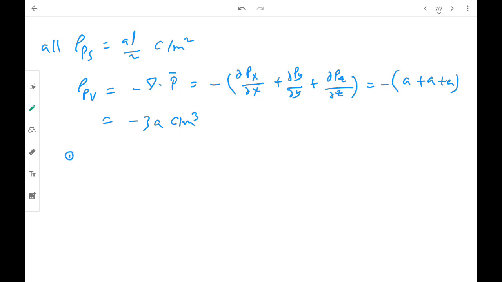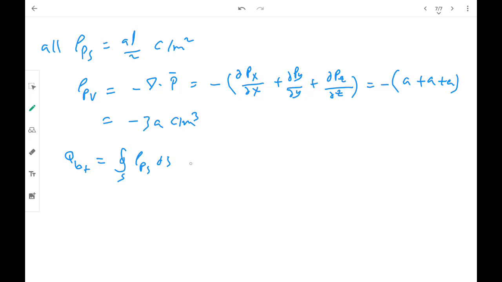Now to find the total bound charge, the positive bound charge Qb plus equals the integral of rho ps dS over all surfaces. First we have to get rid of this closed integral by making it 6 double integrals, 1 double integral for each face.